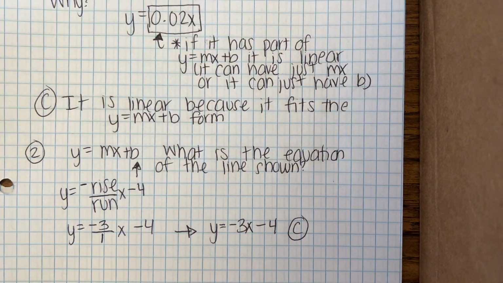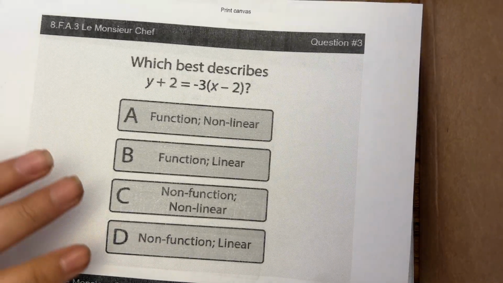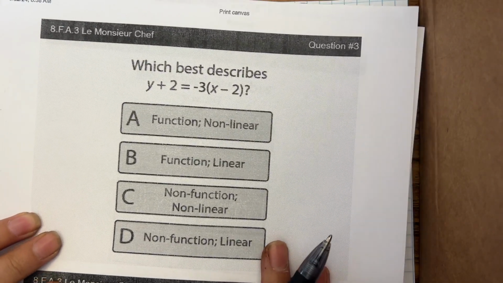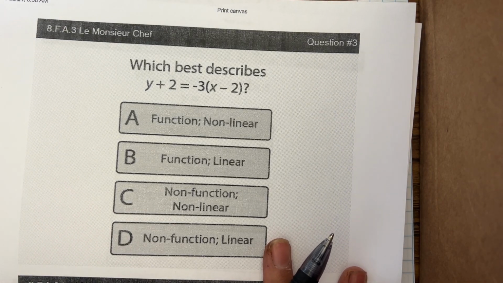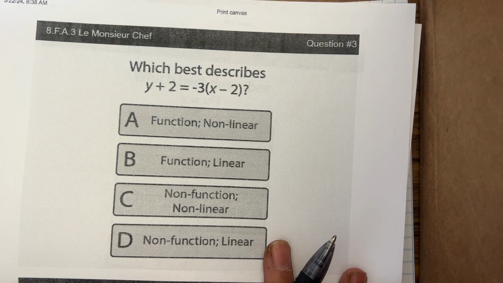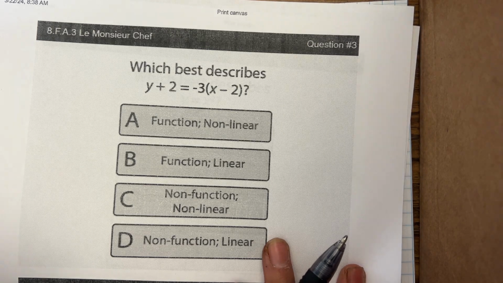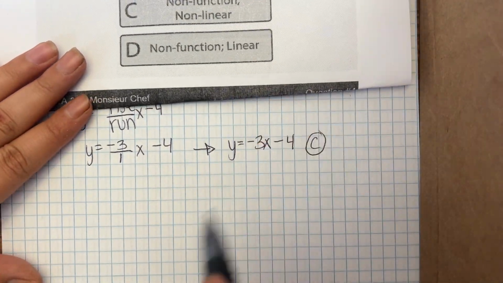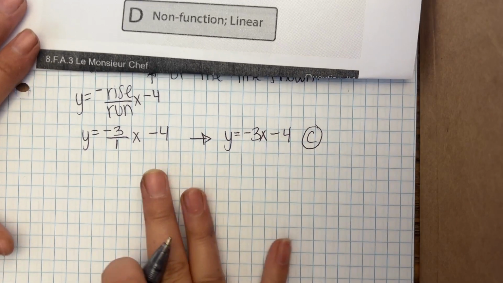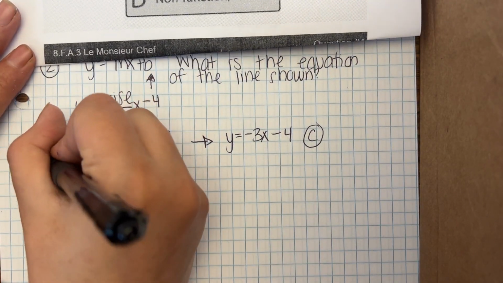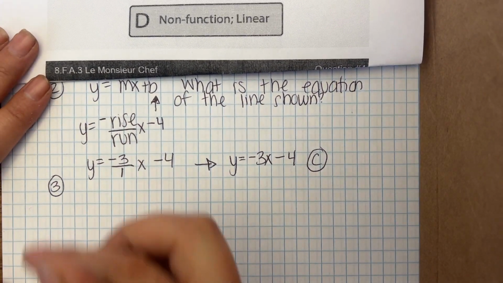Okay. Now question number 3, it asks, which best describes y plus 2 equals -3 parentheses x minus 2. So again, I am going to put 3 and I'm going to write down that question.